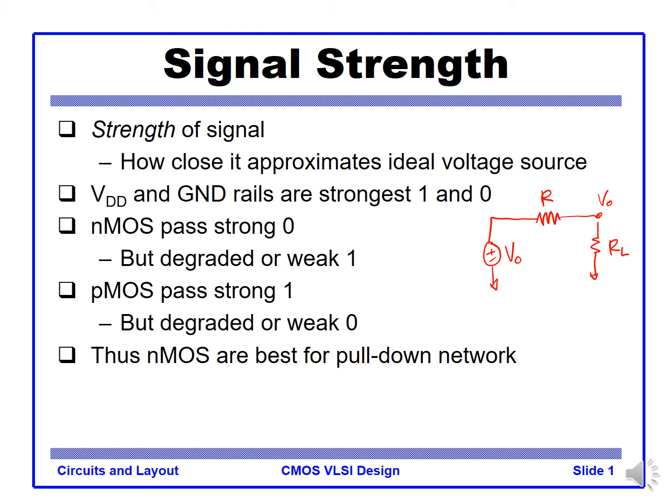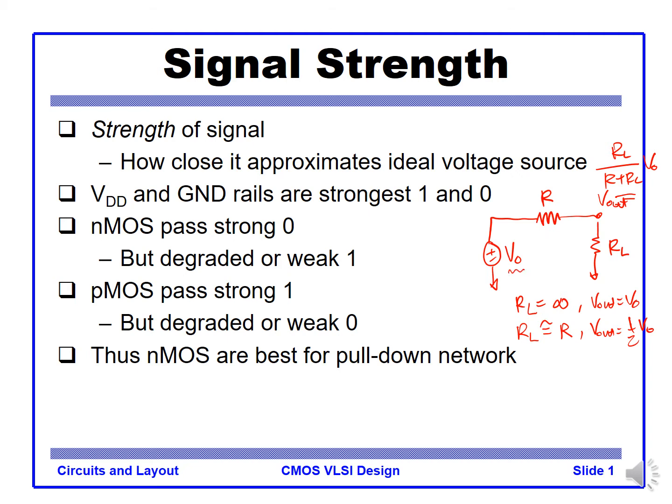For example, Vout equal to RL over R0 plus RL times VO. So no matter what, for example, if RL equals infinity, we have a Vout equal to VO. But if R0 is similar to RL, then Vout is equal to half VO.